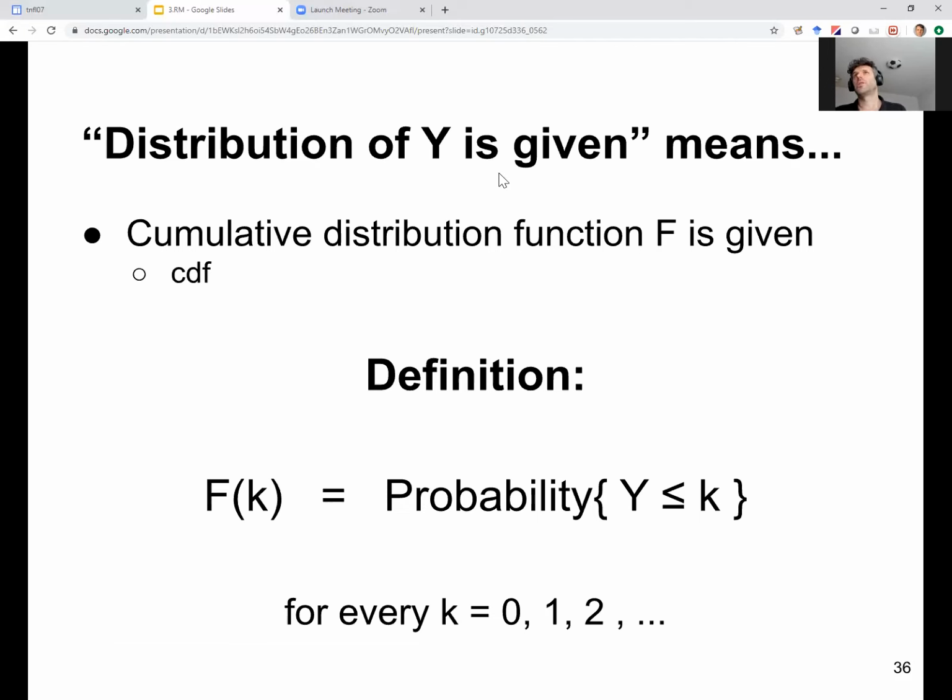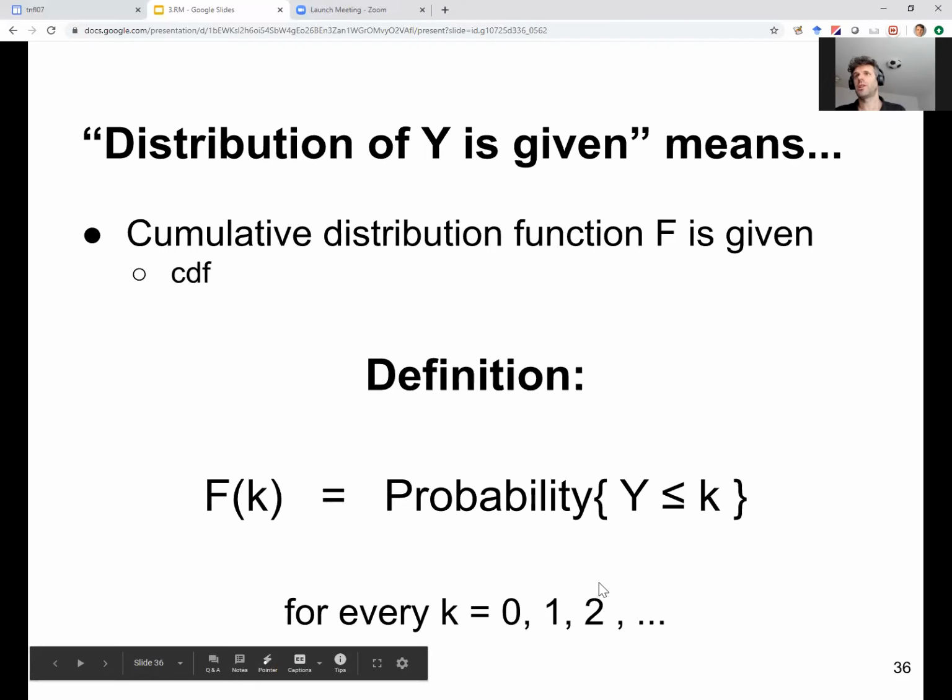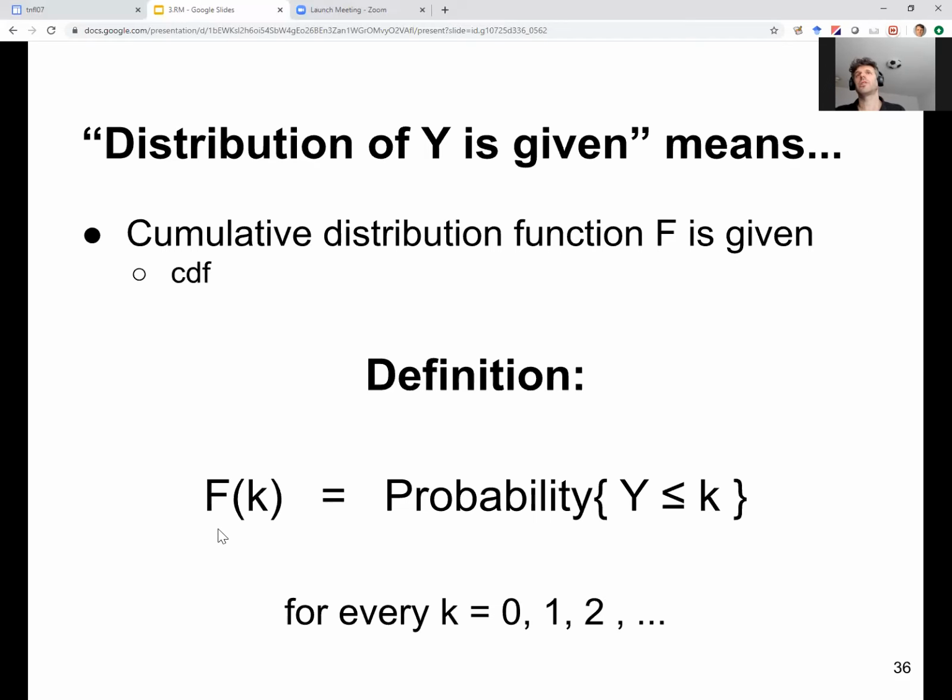Mostly we will consider variables that take only discrete or integer values, 0, 1, 2, and so on. But very generally, the distribution function is a function that for every number k tells you the probability that your random variable will be smaller or equal to that number. So that's the definition.